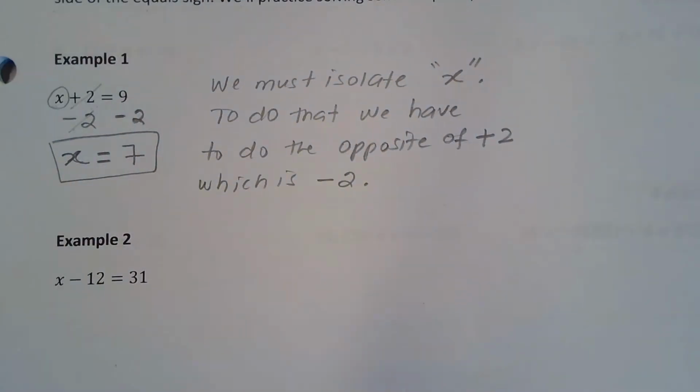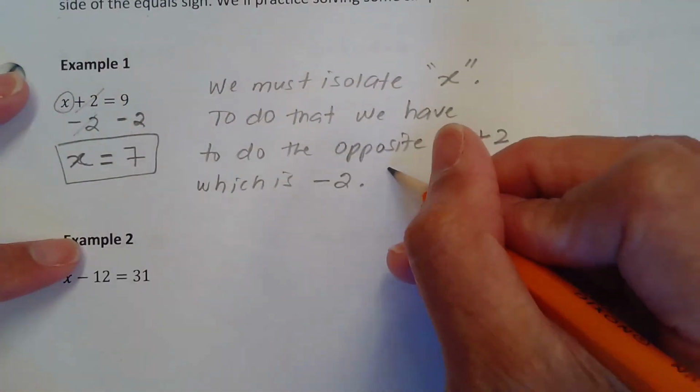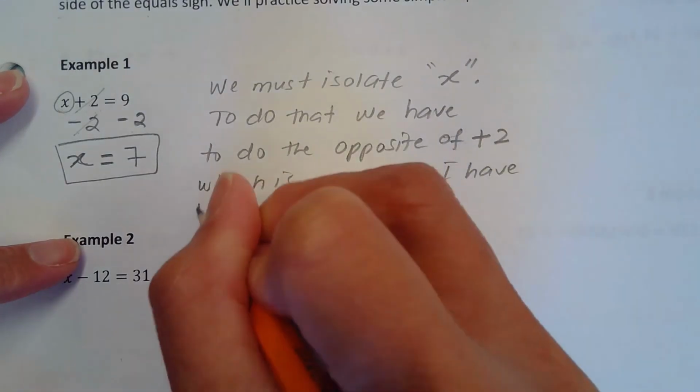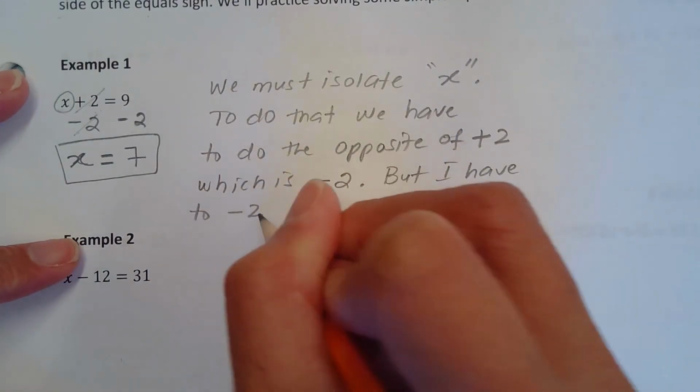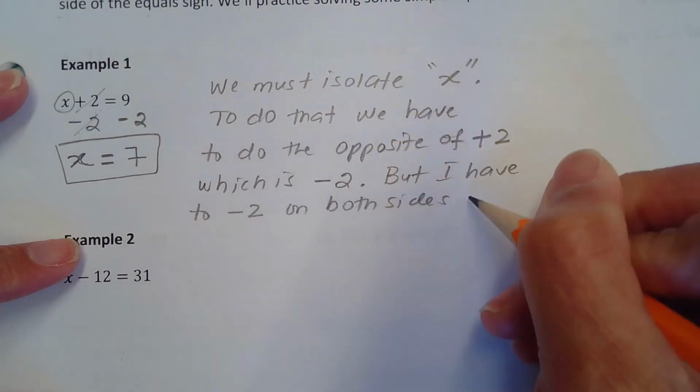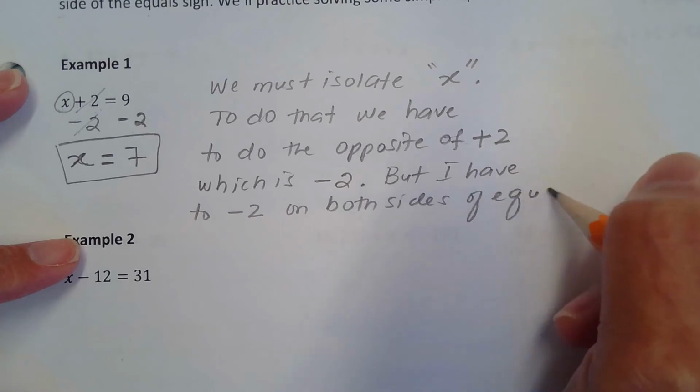Okay, so this is my train of thought. This is what I'm thinking, and I'm just writing it in words here. But I have to subtract 2 on both sides of the equation.